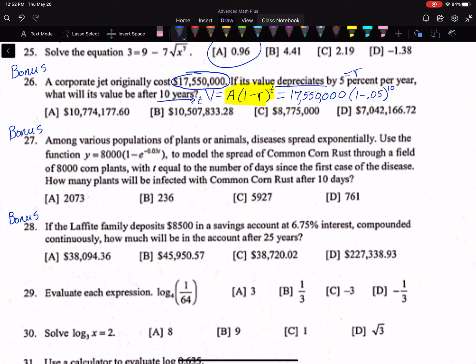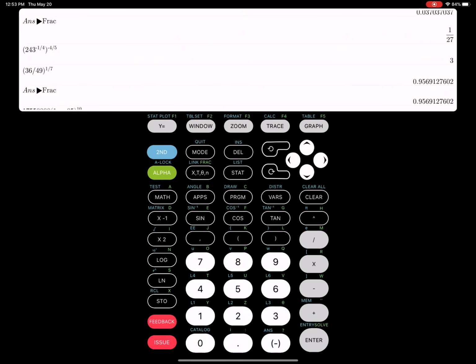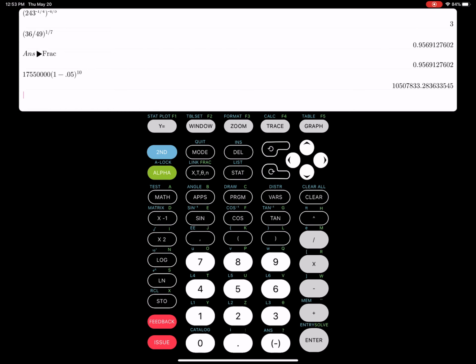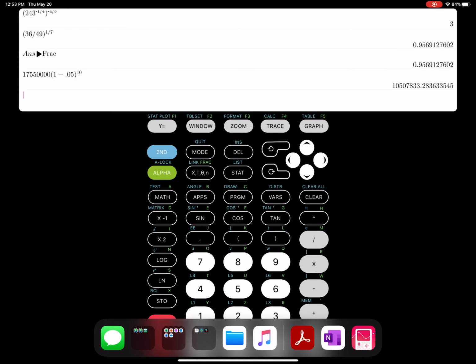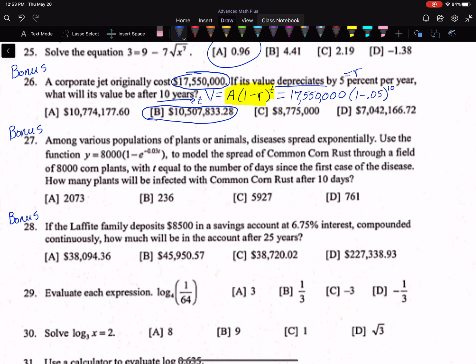There it is. B, right? And again, it's just on your calculator. Easy enough. Like I said, the hardest part of that is just knowing the formula. And so like I said, those 3 will probably all be bonus.